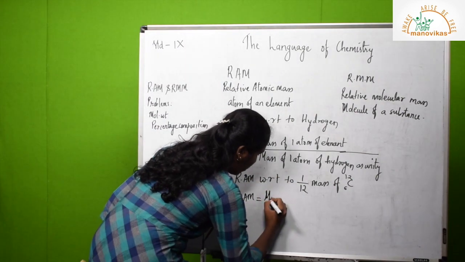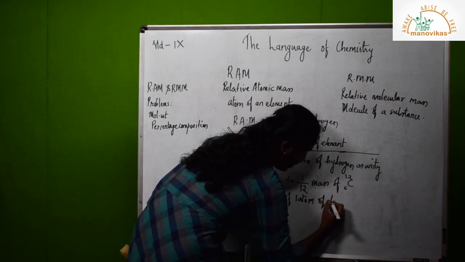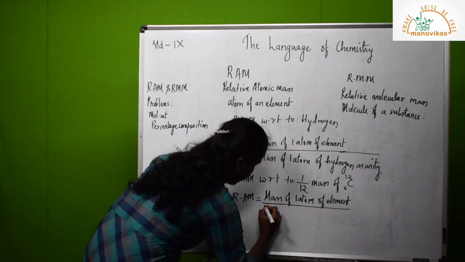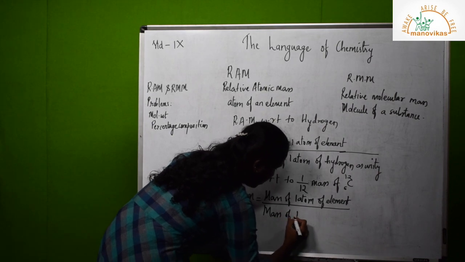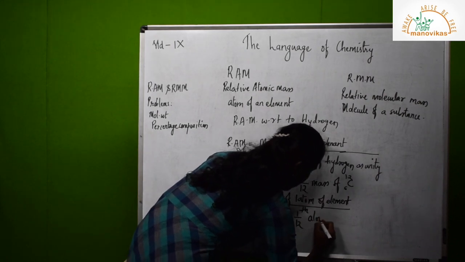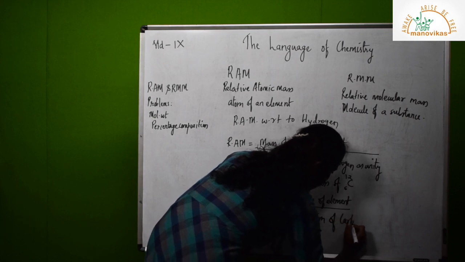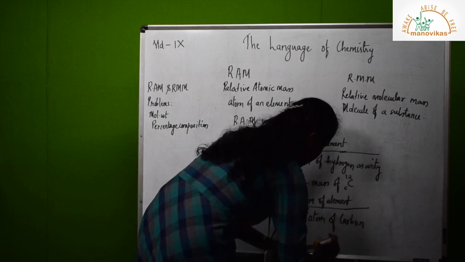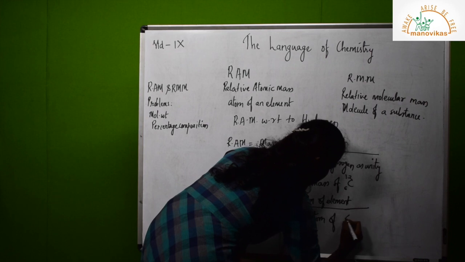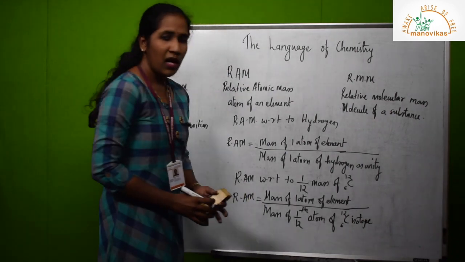So I'll write: mass of one atom of the element divided by the mass of 1/12 of the carbon 12 isotope.